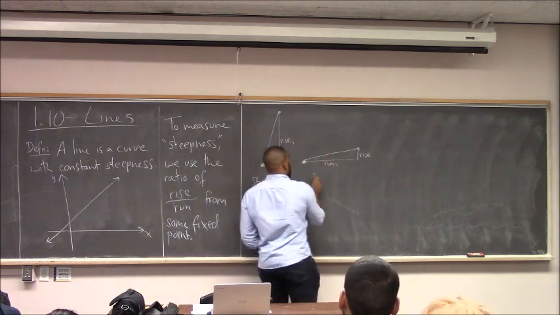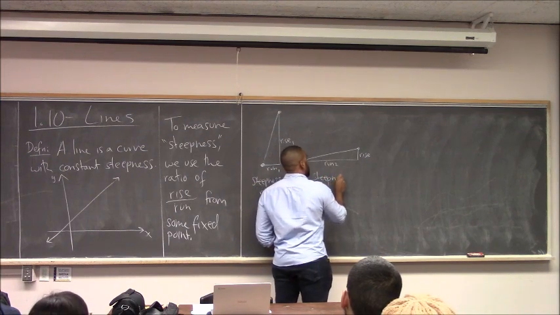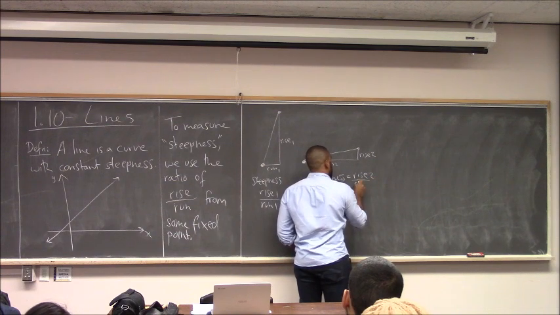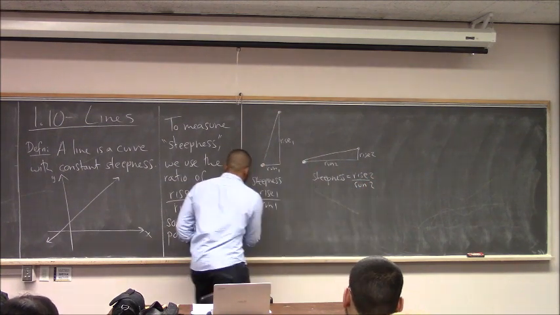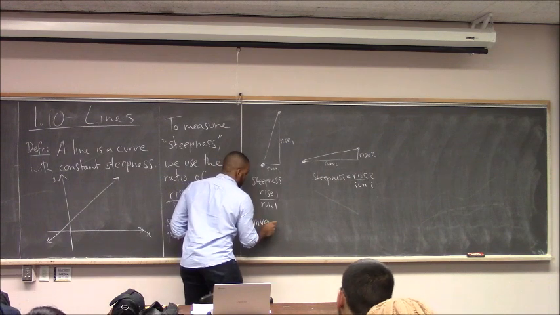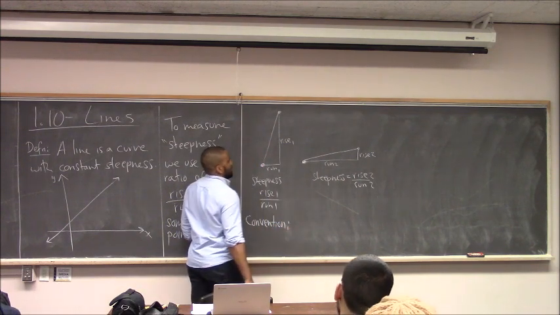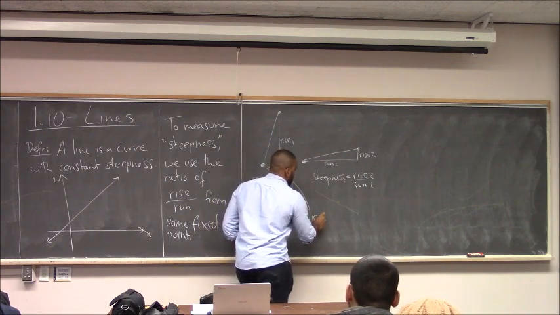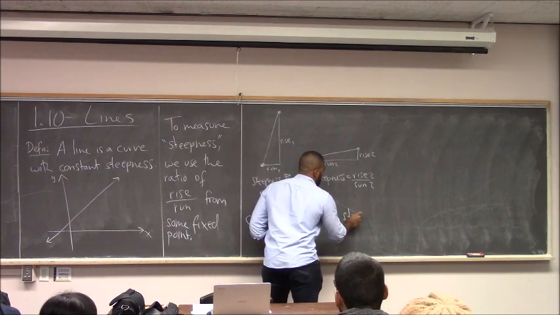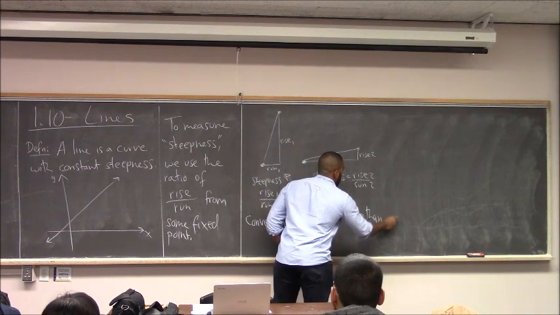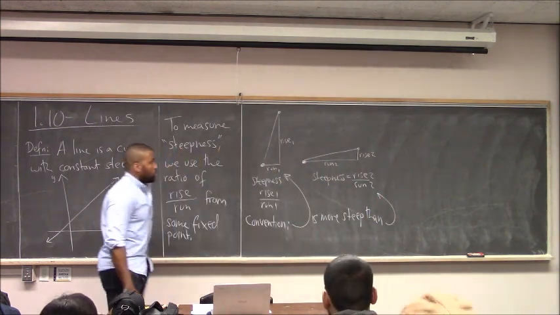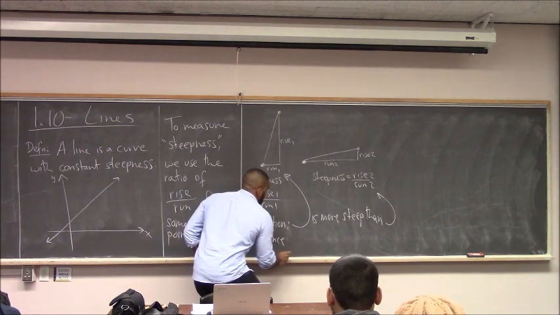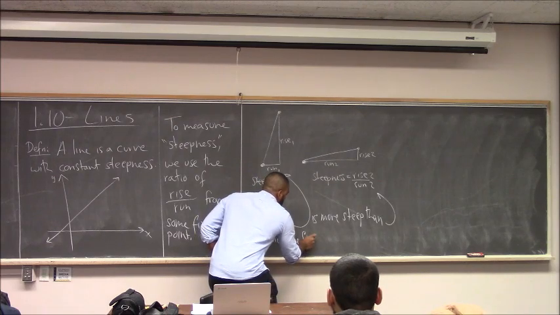The steepness here is rise 2 over run 2. We take the convention that this is more steep than that, since the first ratio is larger than the second.